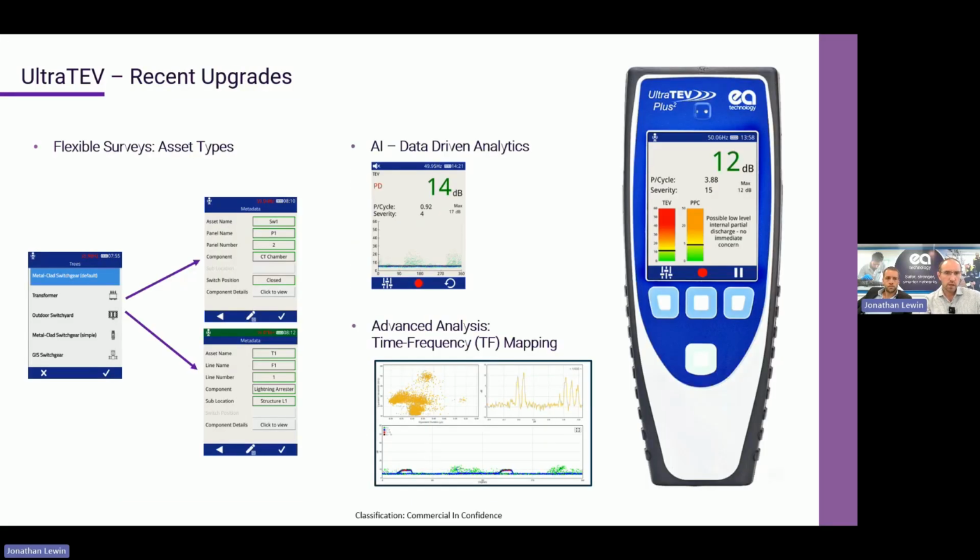The recent upgrades on the UltraTEV look at flexible surveys. Essentially we've added asset classifications, which give you the ability to have the appropriate asset class and the appropriate survey structure for that particular classification that you're surveying. There's also AI data-driven analytics in there and some advanced analysis in terms of time frequency TF mapping.